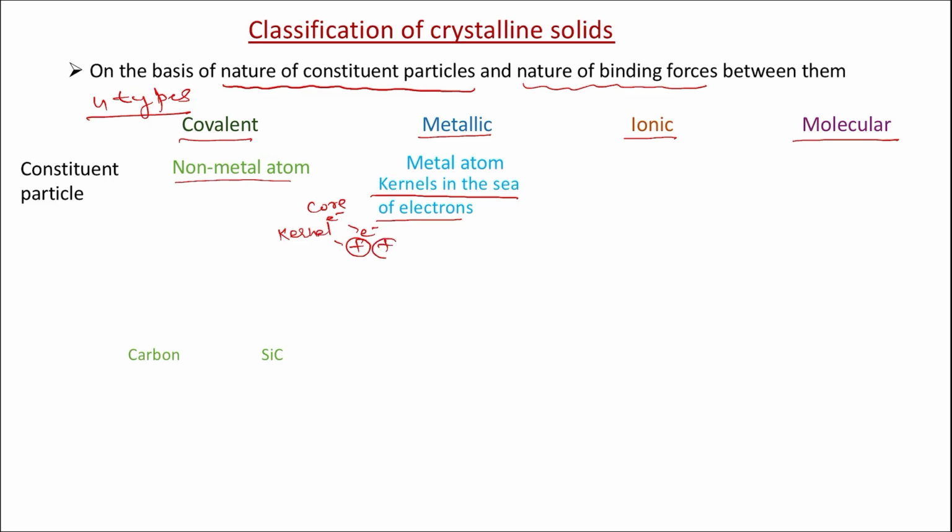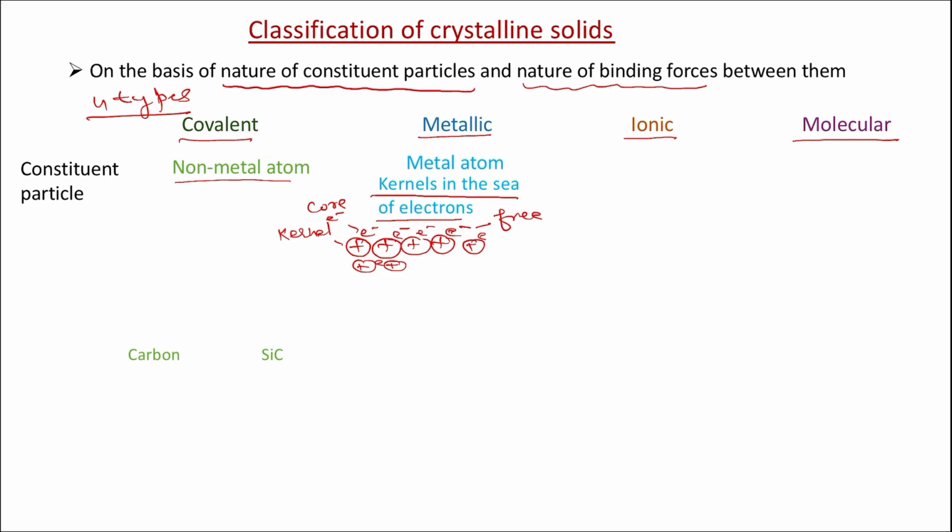These kernels are arranged in a regular pattern, and the electrons are present outside these kernels. The kernels have fixed positions and the electrons are free to move. It looks like kernels are present in the sea of electrons.